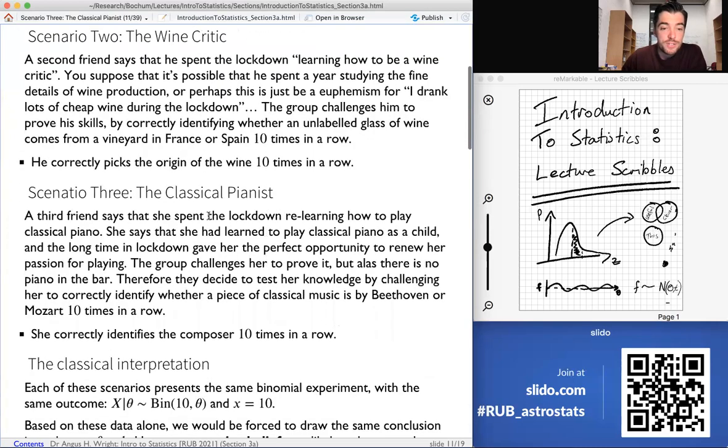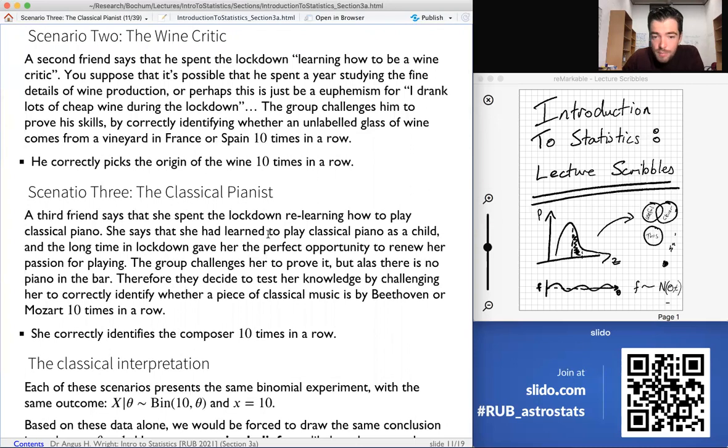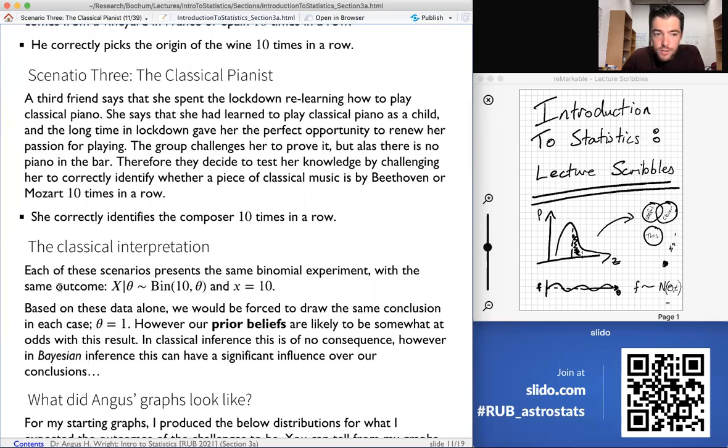And there was our pianist, who correctly identified the 10 composers in a row. All of these in classical inference have the same probability. We would be forced to reach the same conclusion for all three scenarios, and that is that the most likely value of theta is 1. The most likely value is that they are telling the truth.